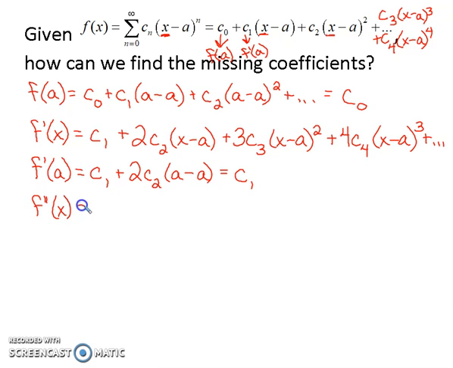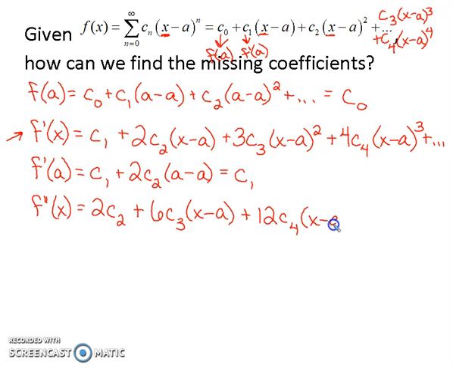So then f double prime, if I go up here to my f prime of x expression and start taking the derivative of it, c sub 1 would go to 0. Then we would have 2 times c sub 2 times 1. Then the next piece would become 3 times 2 is 6, c sub 3 times x minus a. Then plus 12 c sub 4 times x minus a squared, and so on.